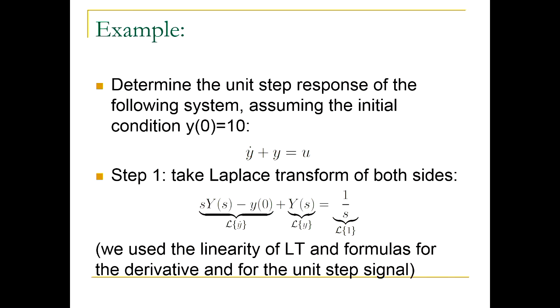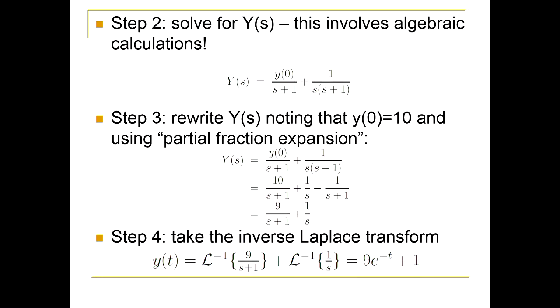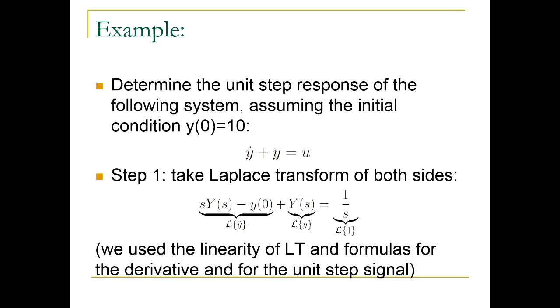So what we get at the end is this, where y at 0 is given to you to be 10. Now we solve for y of s. The only thing that we don't know is y of s, so this is just an algebraic equation. Y of s appears here and here.